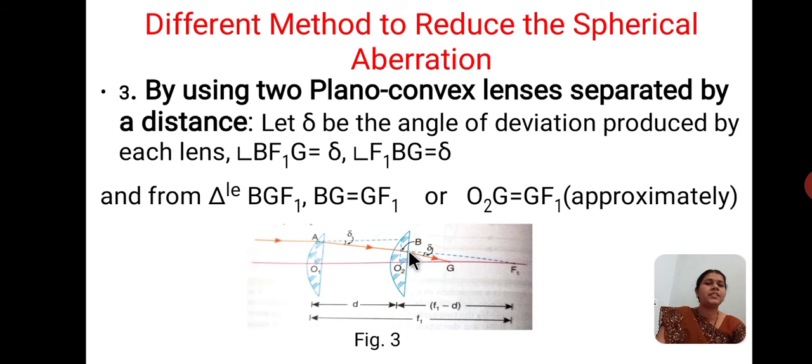Now from the triangle B, G, F1, BG is equivalent to GF1. Whatever the distance BG is, it is the same as GF1. Or else, another way, O2G is approximately equivalent to GF1. I am telling this approximately here. O2G is equivalent to GF1.